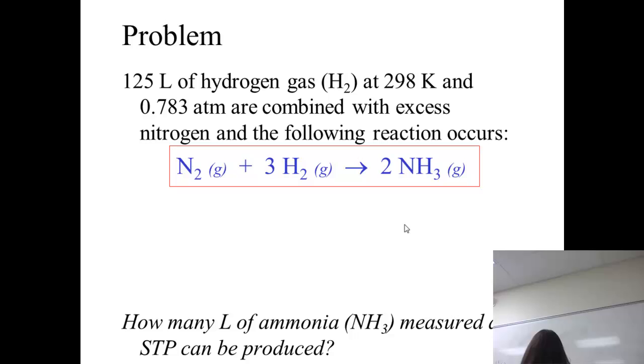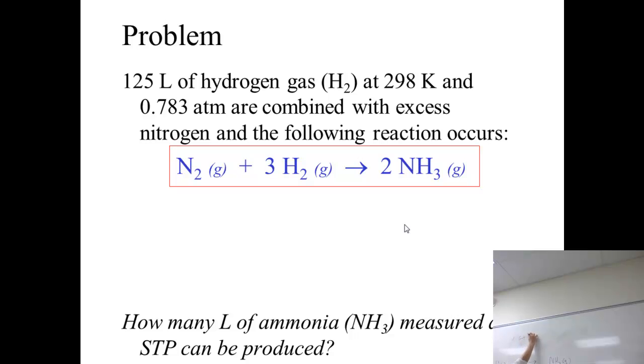Now we've got a little more interesting stoichiometry. It's not 1-to-1. So now we use the coefficients in front of the H2 and the NH3, which are 3 and 2. 2 moles of NH3 are formed for every 3 moles of H2 that we add. The middle term is the stoichiometric ratio from the balanced equation.